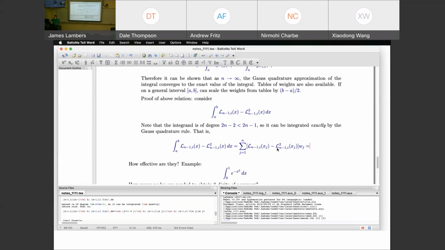So this whole expression in square brackets is 0 for i not equal to j. What about when i equals j? It's 1. So now we have 1 minus 1 squared, which is 0. So this is 0 at all the nodes. So it's 0.